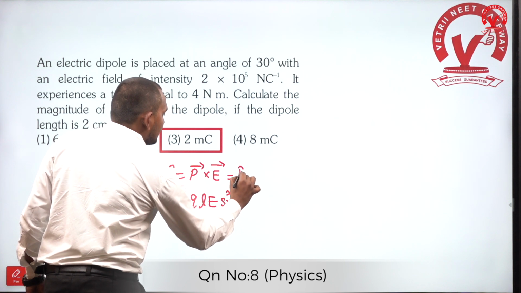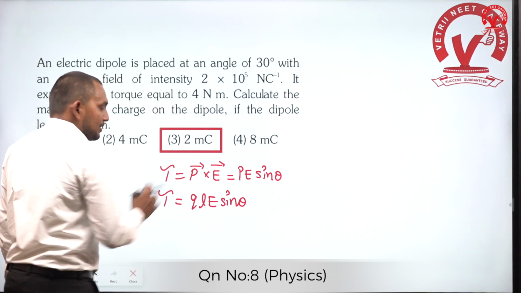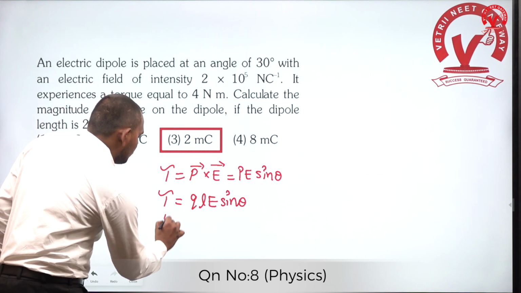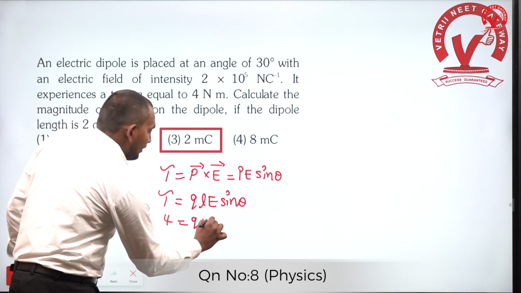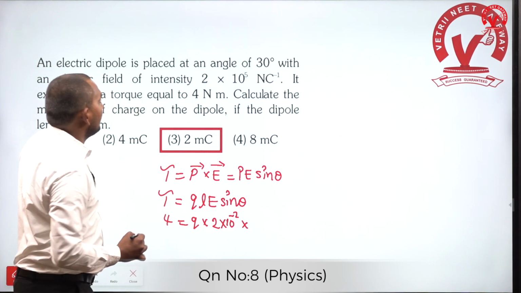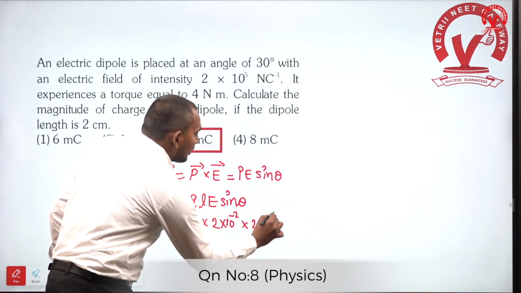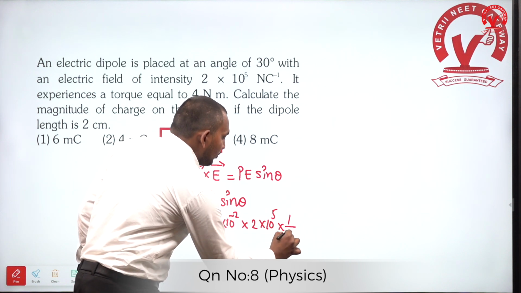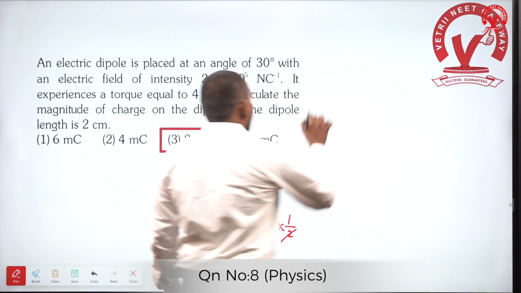It is, we can write as P E sin theta. P place we can write QL. Here the tau value they gave is 4, and Q into length they gave in centimeters, change to meters, and E value is 2 into 10 power 5, and sin 30 degrees is 1 by 2. So the 2 gets cancelled.